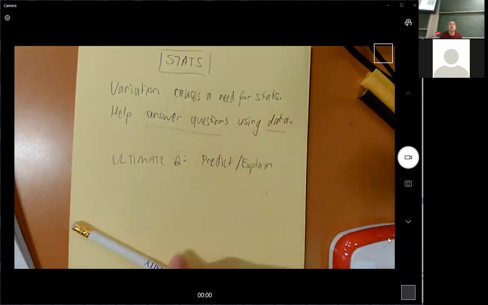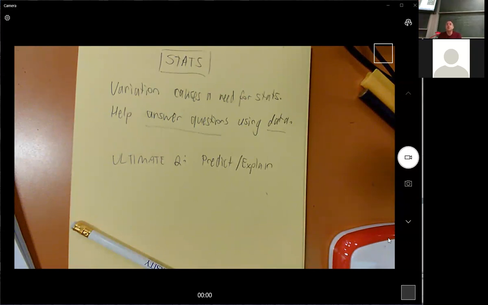They're really the same thing, though don't talk to the writing center coordinator. He's a philosopher and he will not agree with you. Predict is using information from the now to see what's going to happen in the future. Explain is using information from the past to try and figure out what's going on now. And so they're really the same thing.